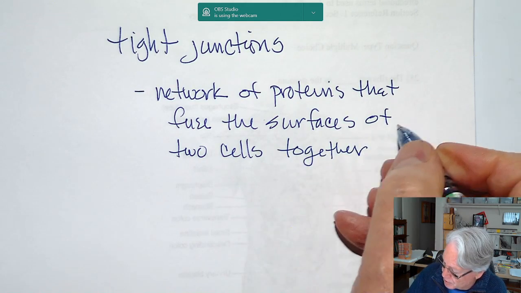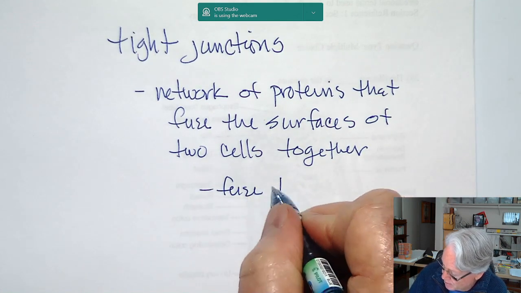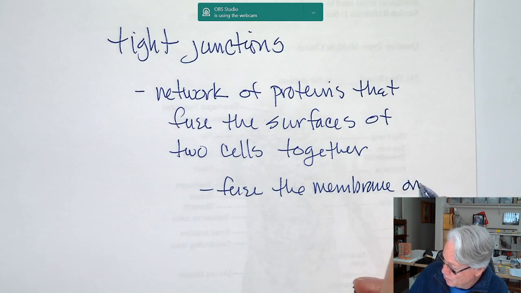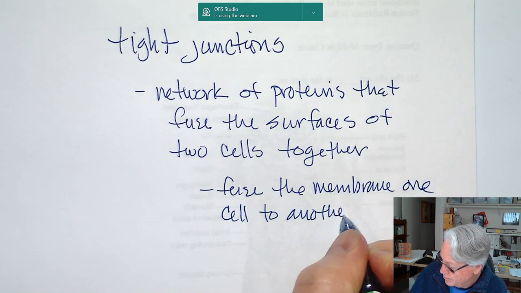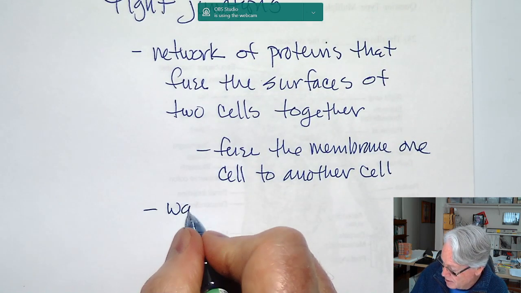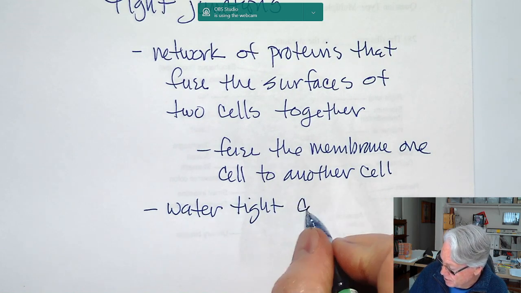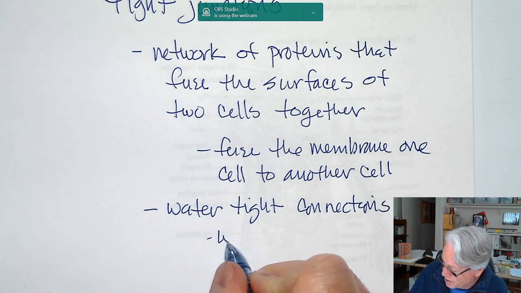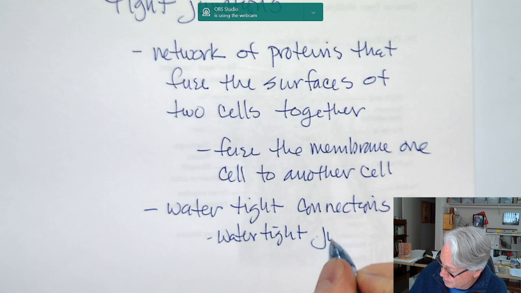When we talk about surfaces, what we're really talking about is a cell membrane. So they fuse the membrane of one cell to another cell. These are watertight connections, a watertight junction.